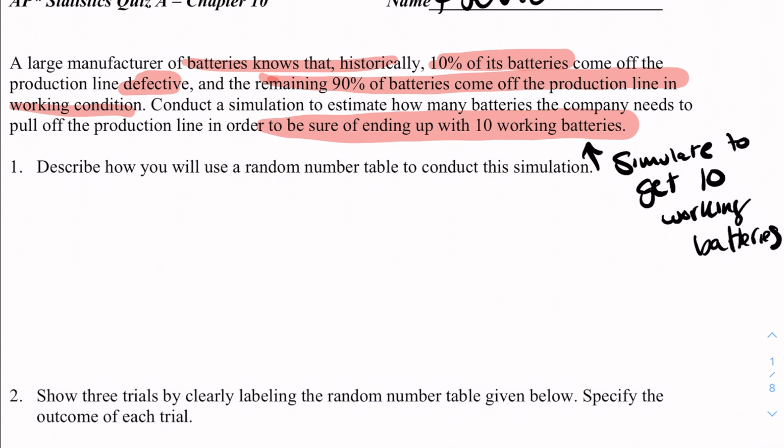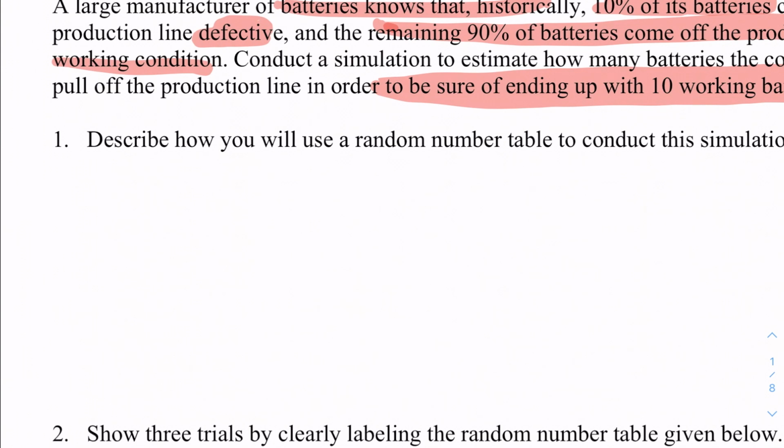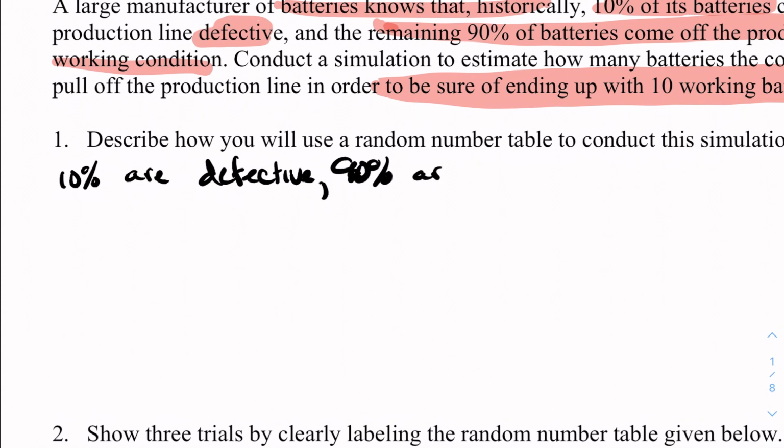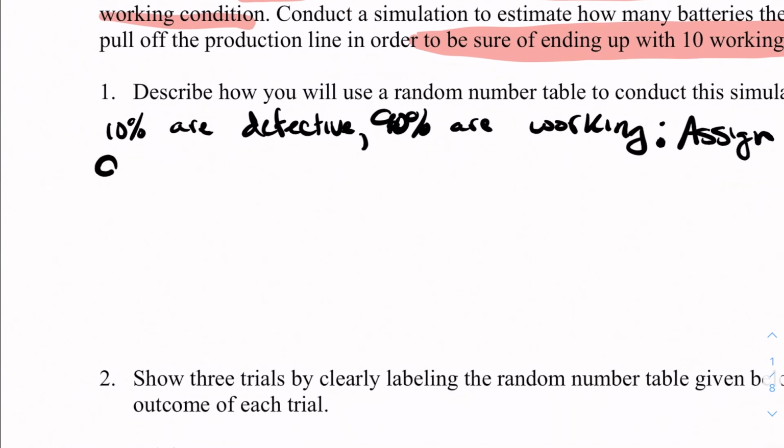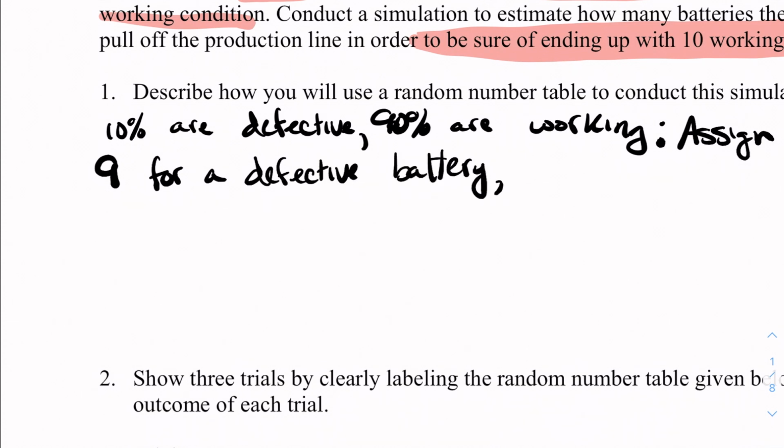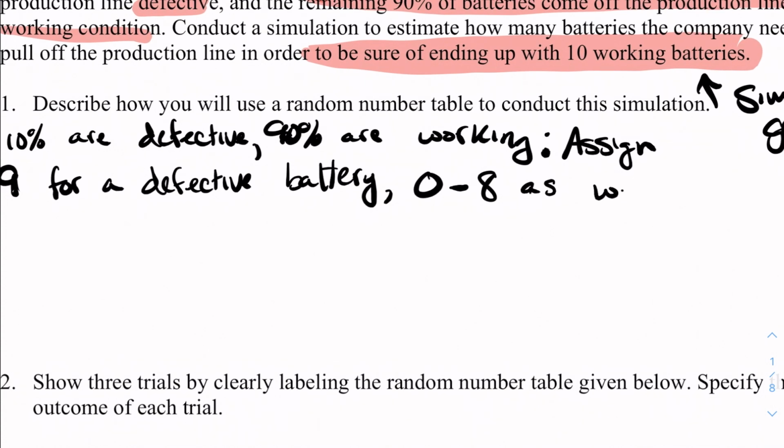Okay, so how many times do I have to go until we get 10 working? Because we know that 10% are defective and 90% are working, we're going to use a single digit. Let's assign the number 9 for a defective battery and 0 through 8 as a working battery.